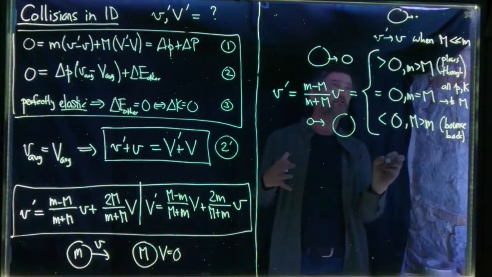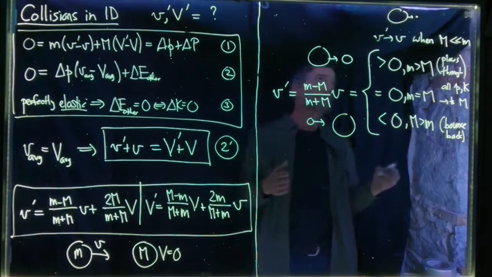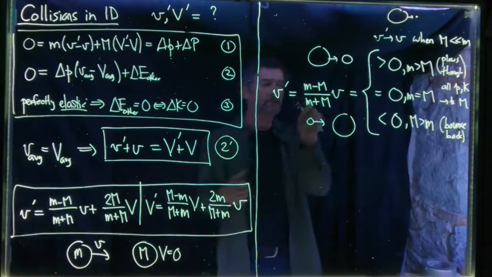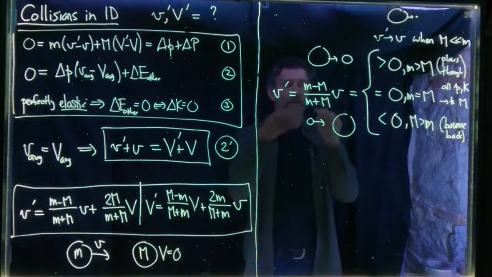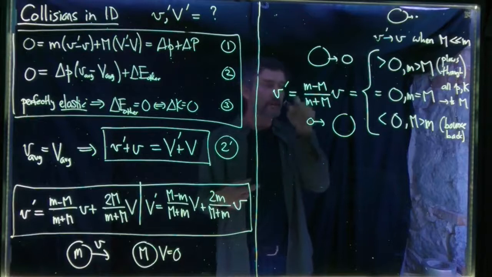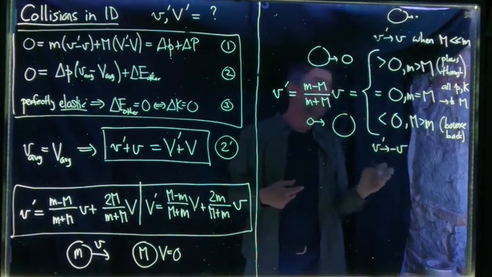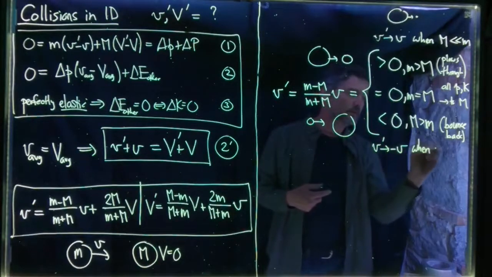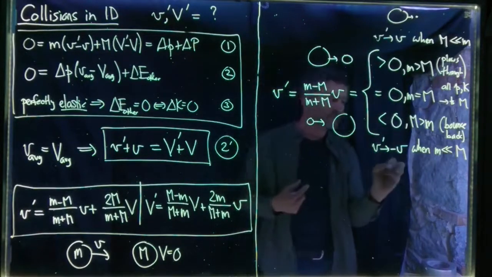Okay, and then we can consider again the extreme case. So let's consider the extreme case where little m is much smaller than big M. So if little m is much smaller than big M, then in both the denominator and the numerator we can ignore little m compared to big M, and we get basically negative big M divided by positive big M, which is -1. Okay, so then v prime approaches negative v when little m is much less than big M. And so the picture in that case looks like this.